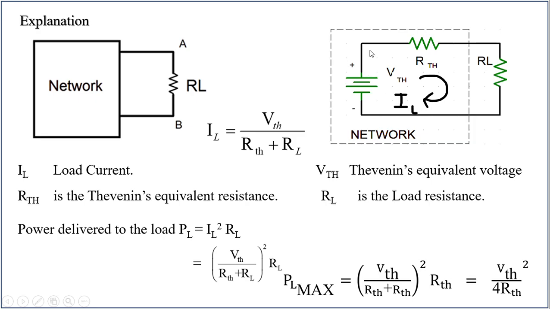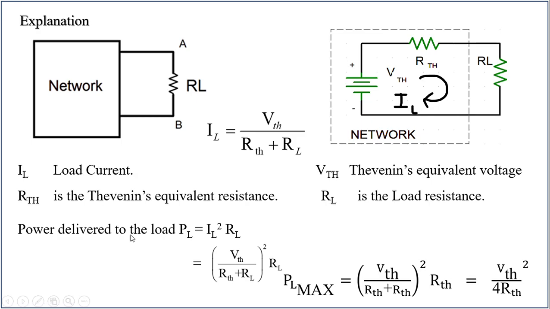In this network, if you apply KVL, you will get IL equal to VTH by RTH plus RL, where IL is the load current flowing through the load resistor, RL is the load resistance value, VTH is the Thevenin's equivalent voltage or open circuit voltage, and RTH is the Thevenin's equivalent resistance found by replacing the voltage sources and current sources with their internal impedances.